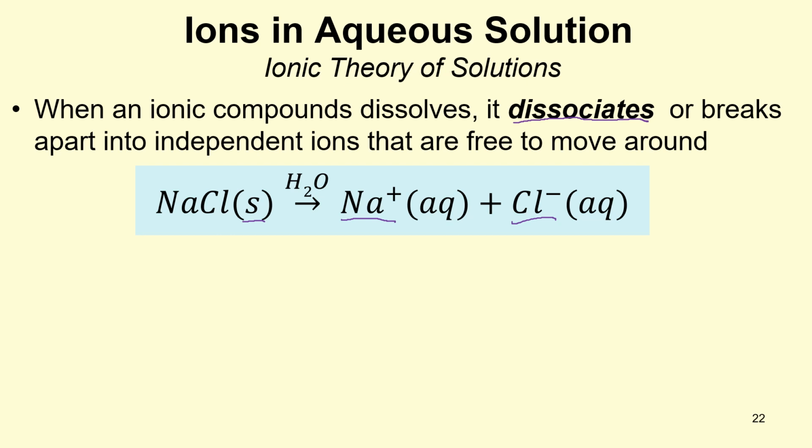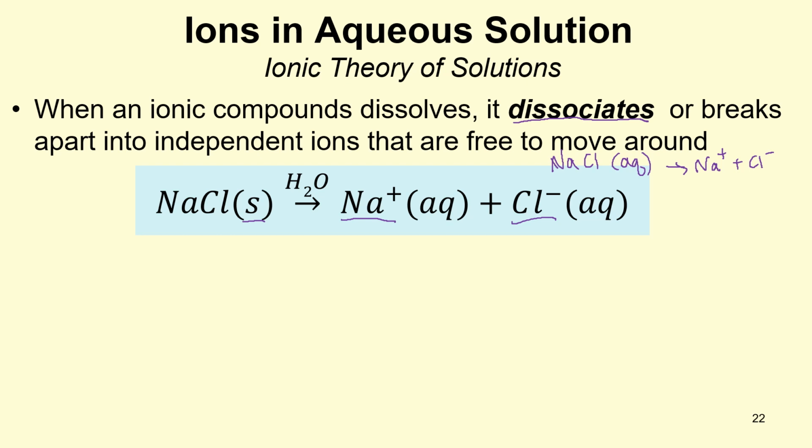But a lot of times we'll put that in for emphasis. You might see NaCl(aq). If I saw that, what would that tell me? That would tell me that I have the Na plus and the Cl minus, and that they're separate from each other.